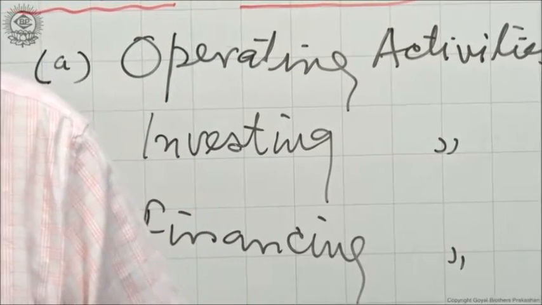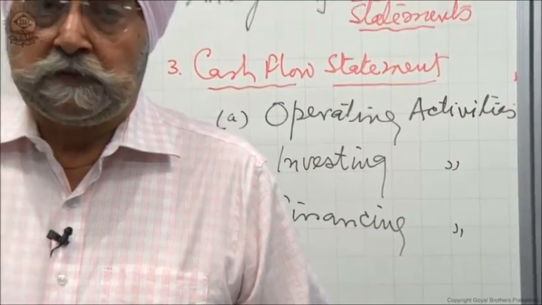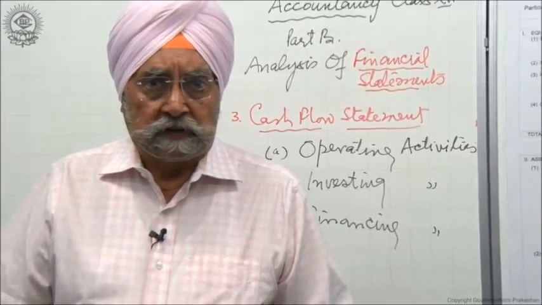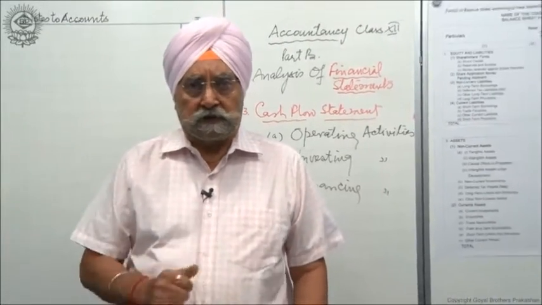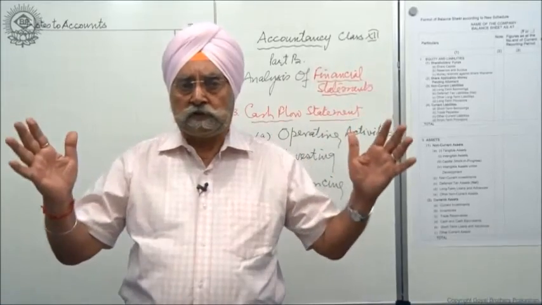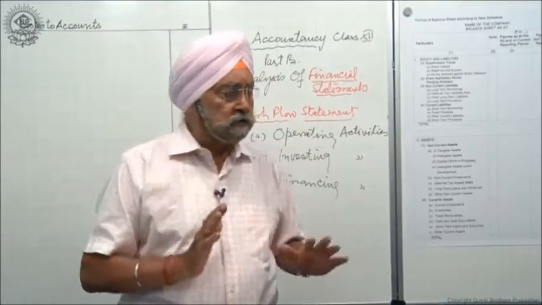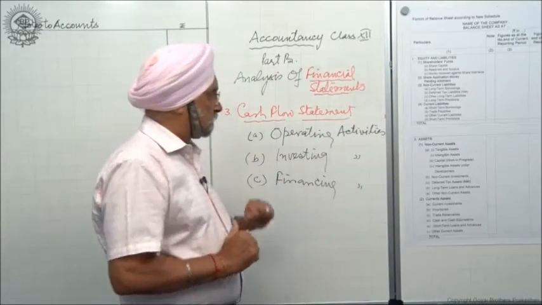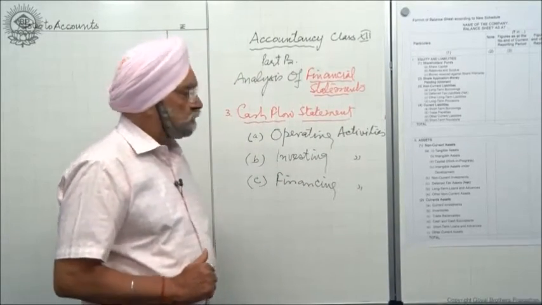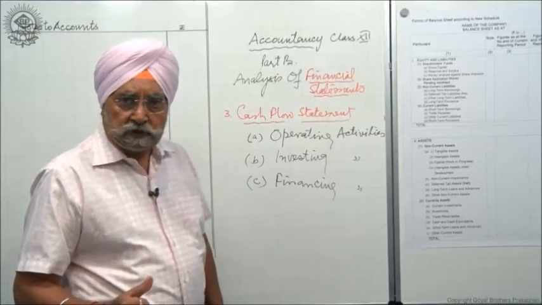You will study more about it in chapter 5 of this syllabus, this book, where the entire cash flow statement is discussed in detail. So at this point only this much is sufficient for you. So we have a balance sheet which shows financial position.